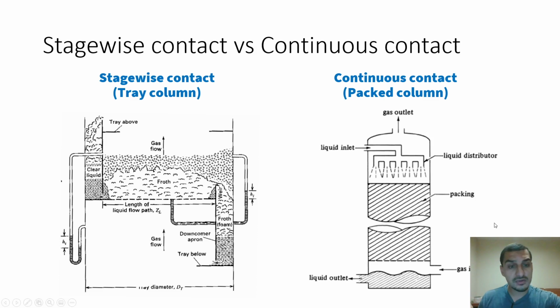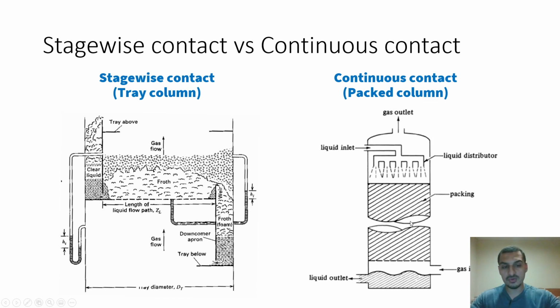On the other hand, in continuous contact, the system is totally different, because in this case I have liquid contacting vapor continuously, and that's why it's called continuous contact. In each millimeter of the column, or of the packing that I am using, I have mass transfer taking place between the two phases. So I cannot do the calculations based on the assumption of stages, because I don't have stages here.